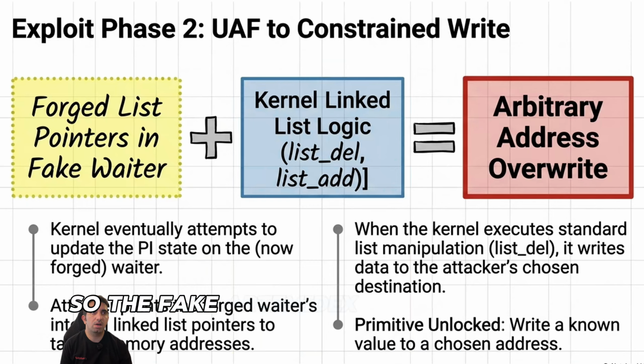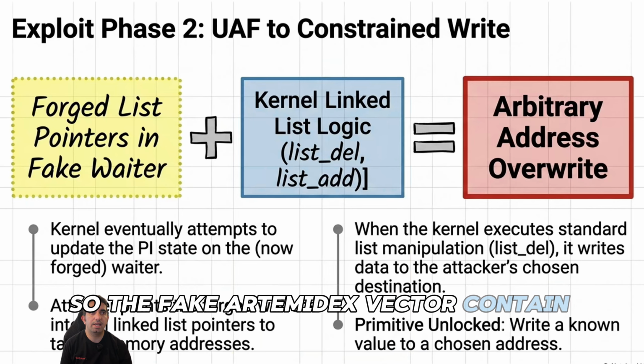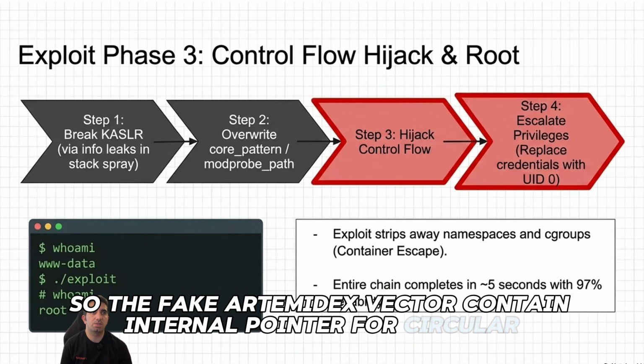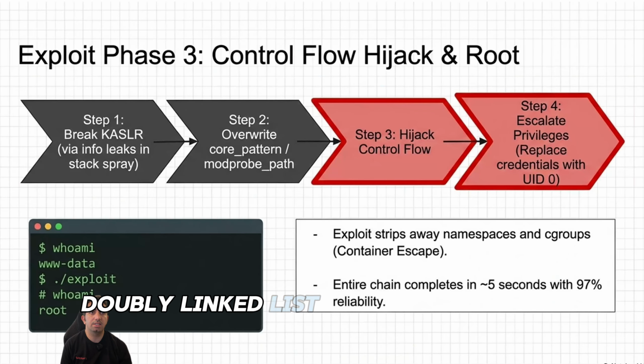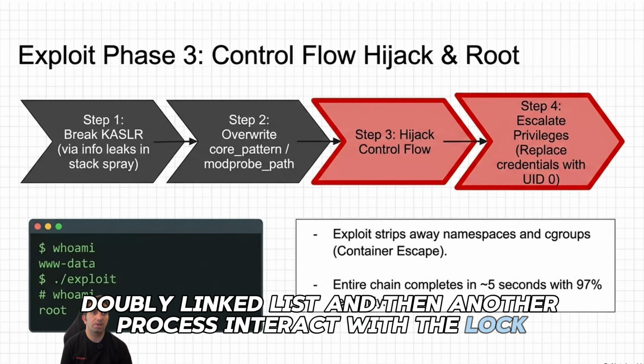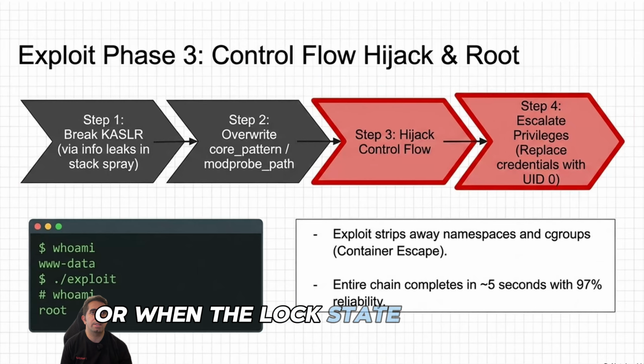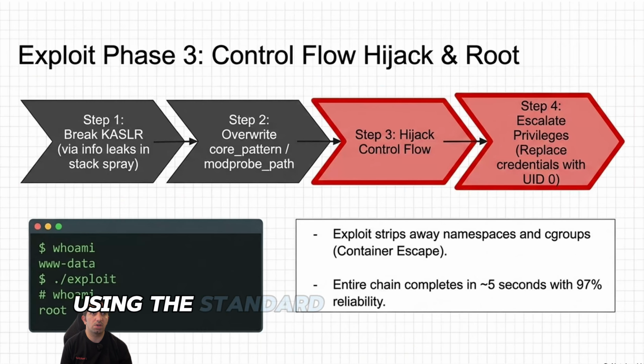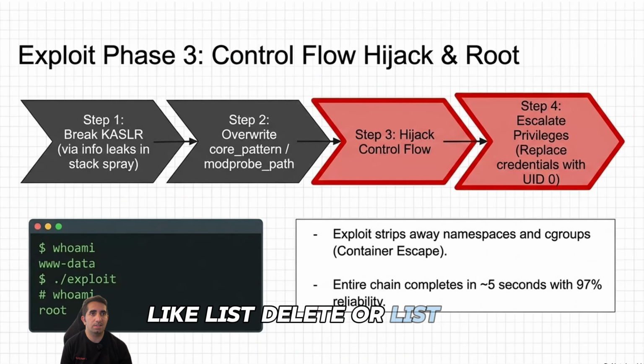So the fake rt_mutex_waiter contains internal pointers for a circular doubly linked list, and when another process interacts with the lock, or when the lock state is cleaned up, the kernel attempts to update the list using standard list manipulation functions like list_del or list_add.